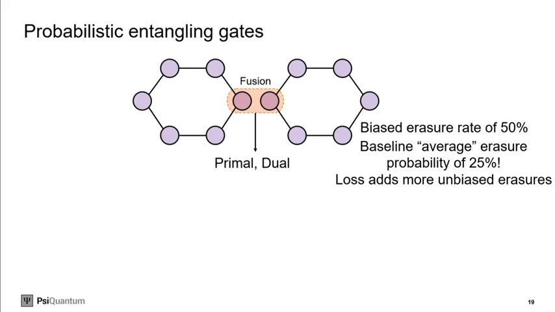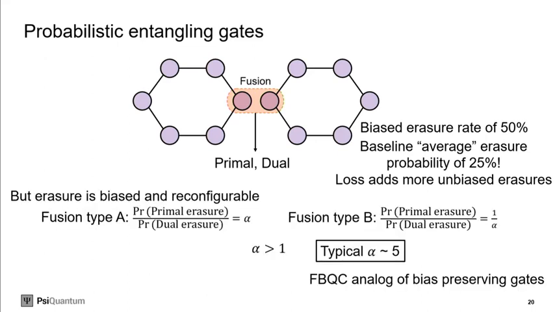And in addition, we have unbiased erasure that loss adds as well. So the good thing here is that the erasure is actually biased and reconfigurable. That's sort of the saving grace here. What that means is I can perform my fusion in 2 ways. So let's call this a fusion type A and a fusion type B. If I perform a type A fusion, my primal erasure is going to be much greater than my dual erasure by some factor alpha.